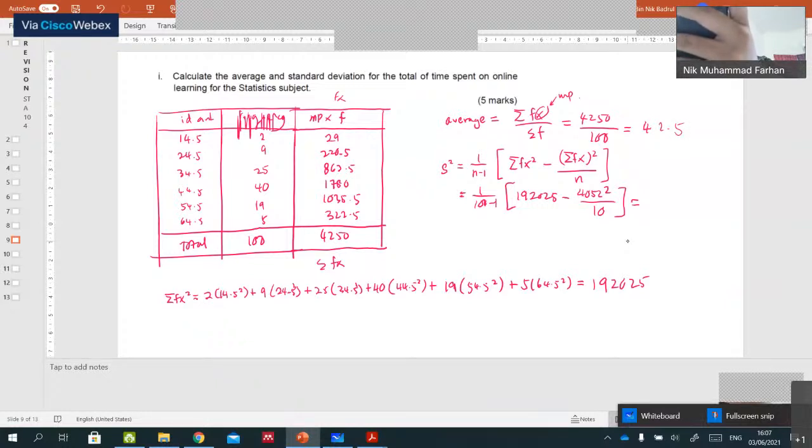Ini square. Alright. 2025 betul tak? 4250 square bahagi dengan 10. Negatif. Maksudnya dia relatif macam ni. 2 darab 14.5 square. Tambah 9 darab 24.5 square. Tambah 25 darab 34.5 square. Tambah 40 darab 44.5 square. Tambah 19 darab 54.5 square. Tambah 5 darab 64.5 square. Dapatlah 192025. Betul dah ni. Apa silap lagi ni? Saya ni letih dah ni.